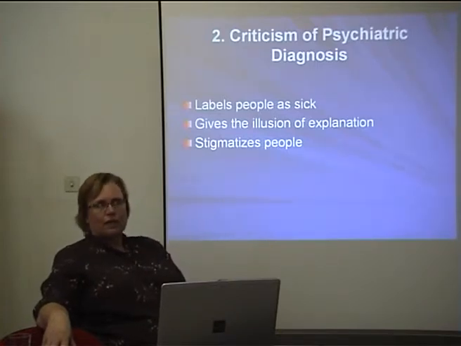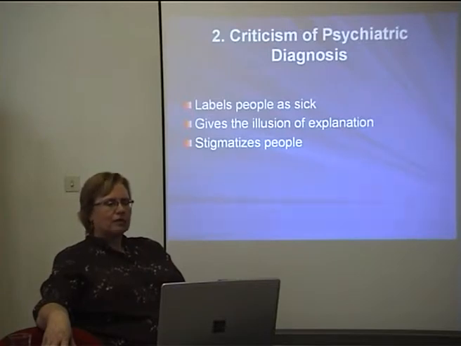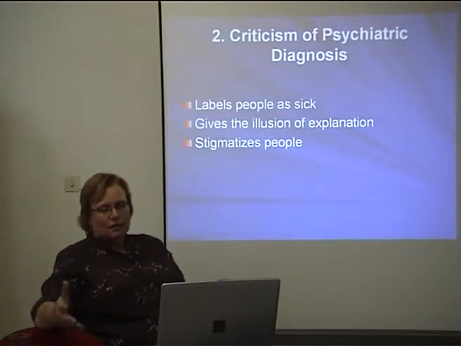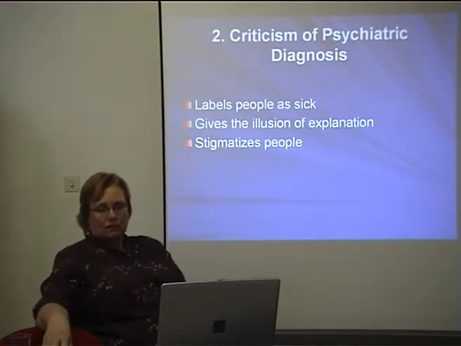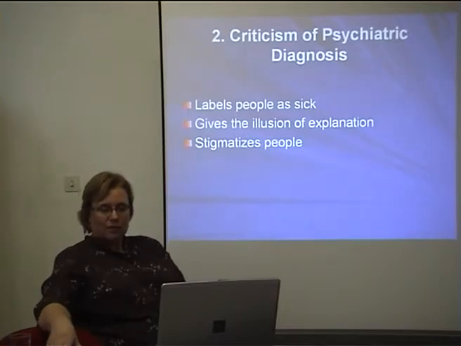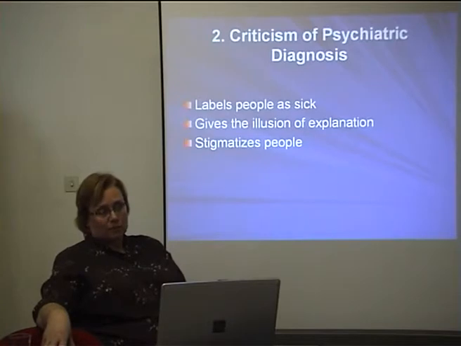Let's look at some of the things that people who have criticized this system have said. Of course, we label people when we give them a categorical diagnosis from within this manual. And people may feel that they're sick.